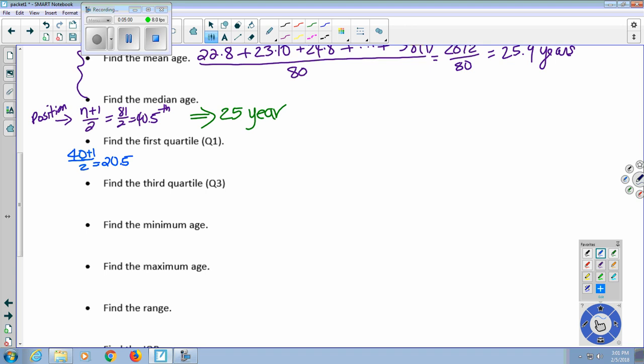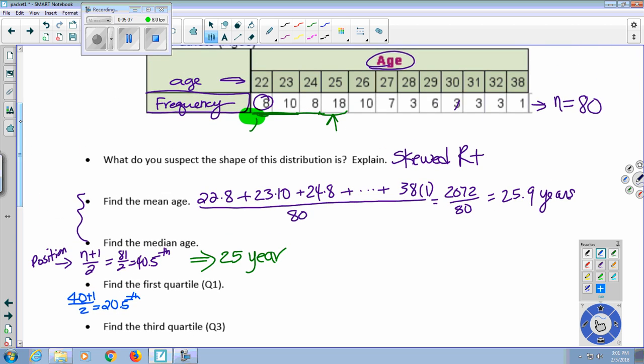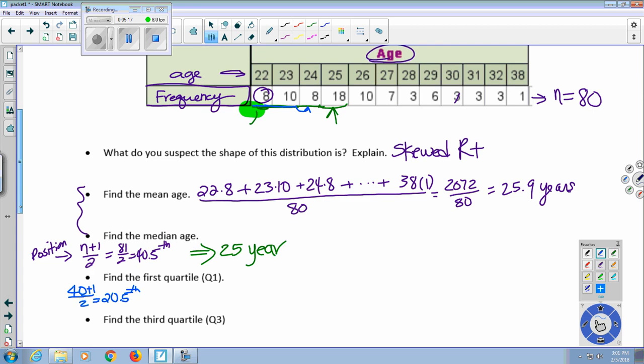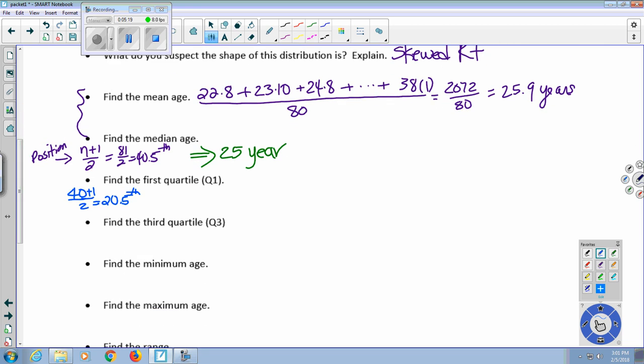So we're going to be looking for the value between the 20th and the 21st position. So again, we're looking up here, we have 18 here. And so inside this next group of 8, we're finding the 20th and 21st, which means our first quartile is 24 years.